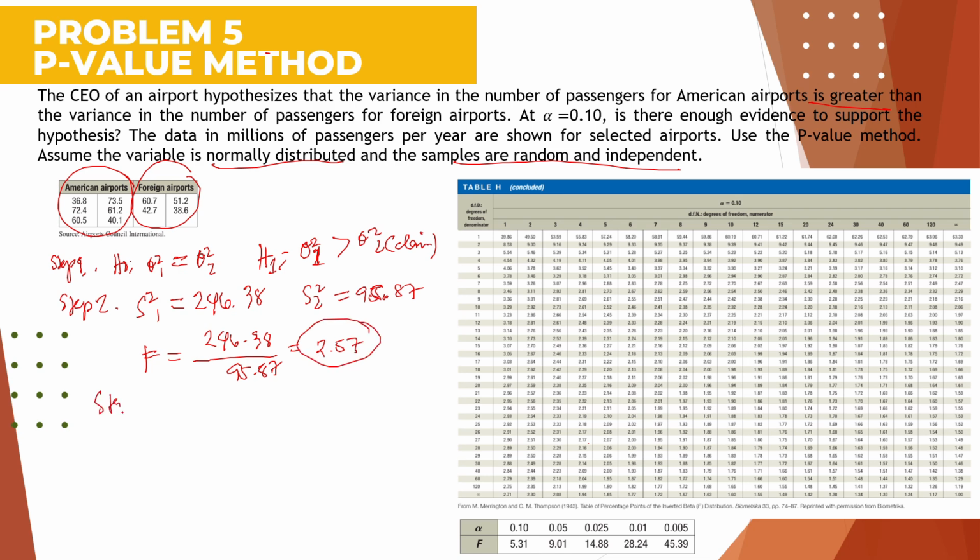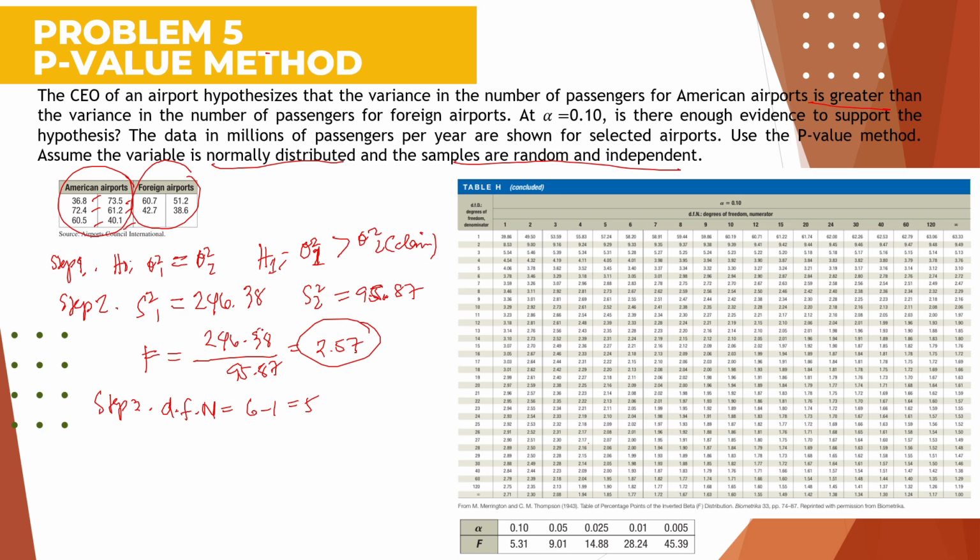Step number 3, we have to get the P value. How to get the P value? We have our DFN. Our numerator, the greater variance, is here above, and our n here is 1, 2, 3, 4, 5, 6. So 6 minus 1, that's equal to 5.